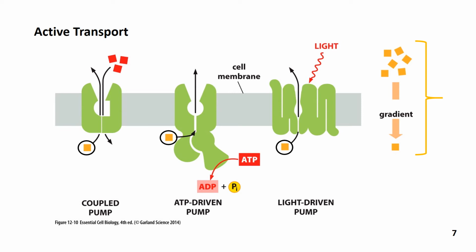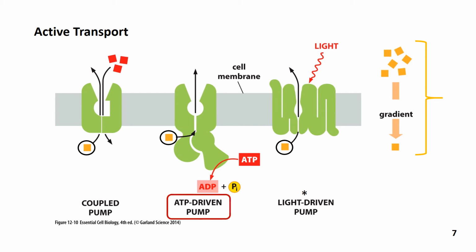So each of these proteins is actively transporting the yellow square molecules from an area of low concentration to an area where the molecule is more highly concentrated. The molecule on the right is a light-driven pump, meaning that the energy from light is allowing the movement of the yellow square against its concentration gradient. This occurs in plant but not animal cells.